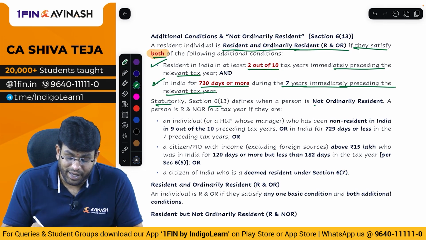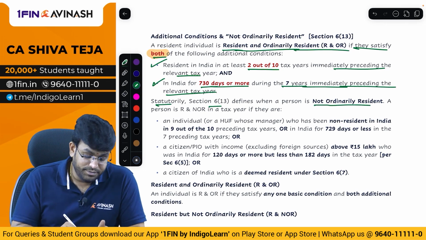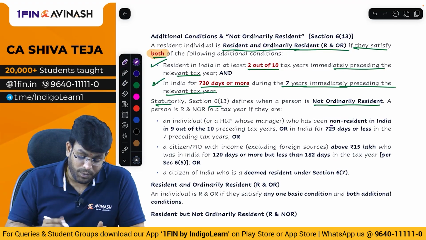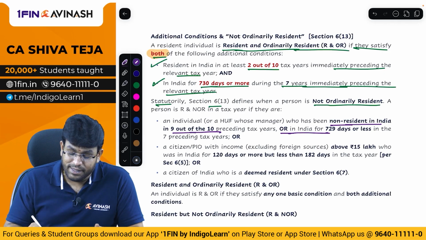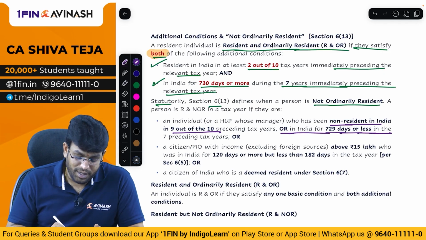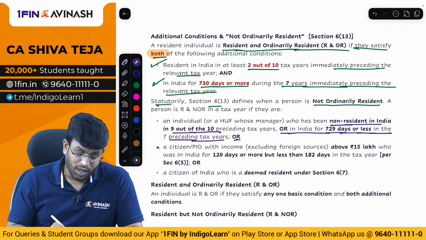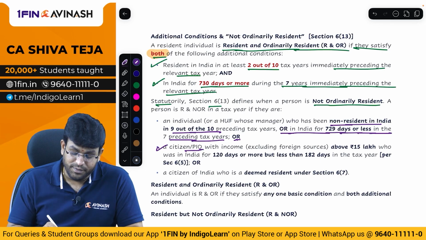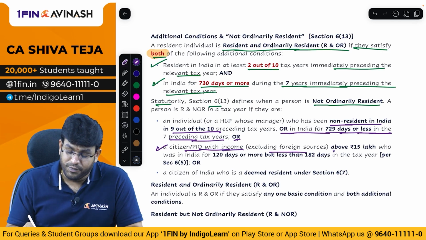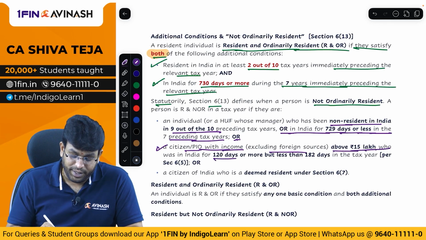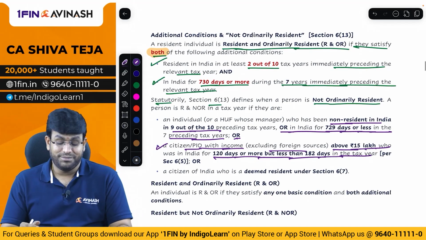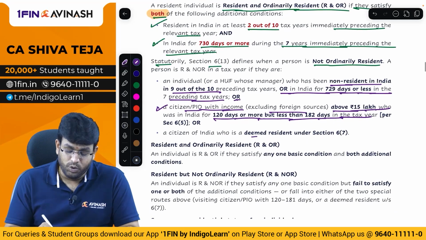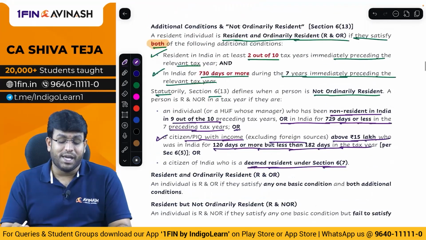A person is regarded as RNOR, that means the reverse answer now, if he has been a non-resident in 9 out of 10 years, or in India for 729 days or less in 7 tax years, or a citizen or a person of Indian origin with income excluding foreign source above 15 lakhs who is in India for 120 days or more but less than 182 days in the tax year. And deemed resident. I told you already that deemed resident is always an RNOR.